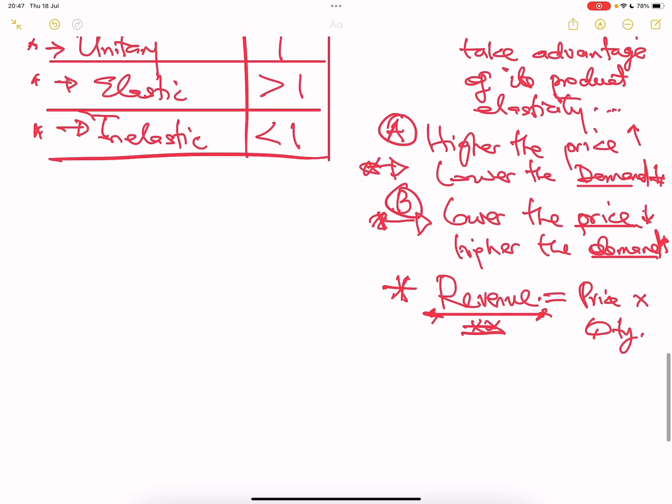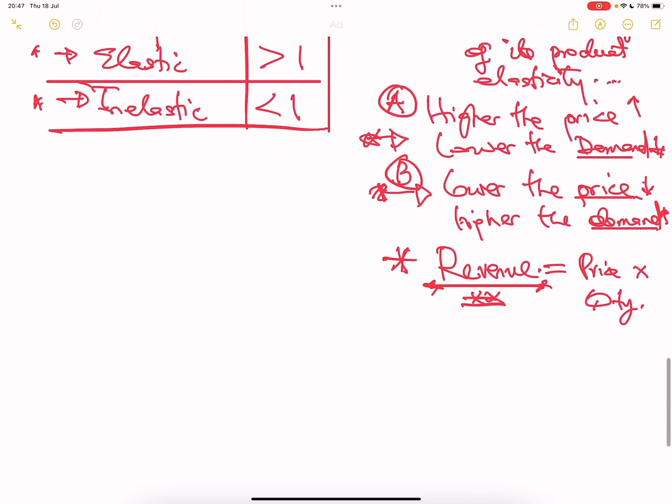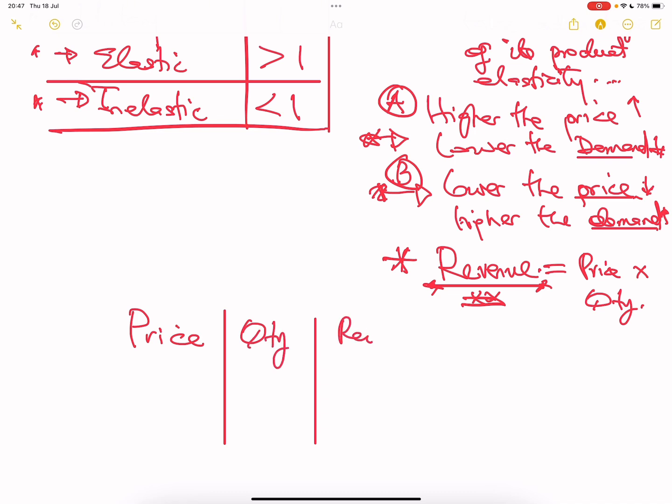So let me put it this way. Let me do this table for you. Let's assume that we have a product of a company, and let's see the price on this column, the quantity here and revenue here.